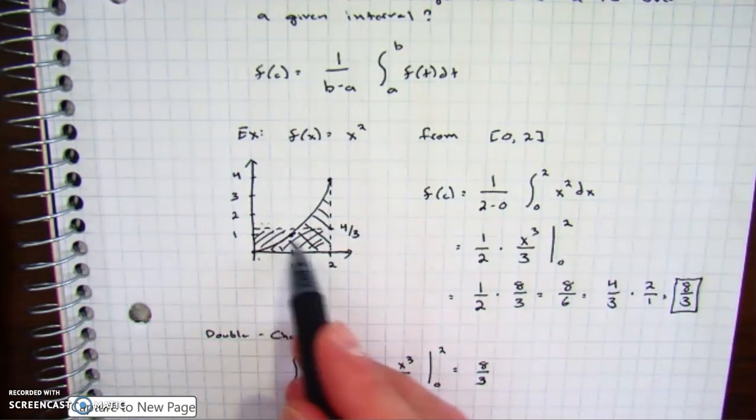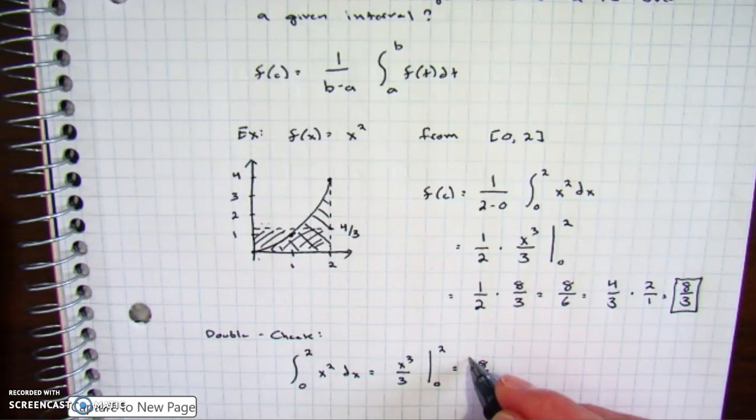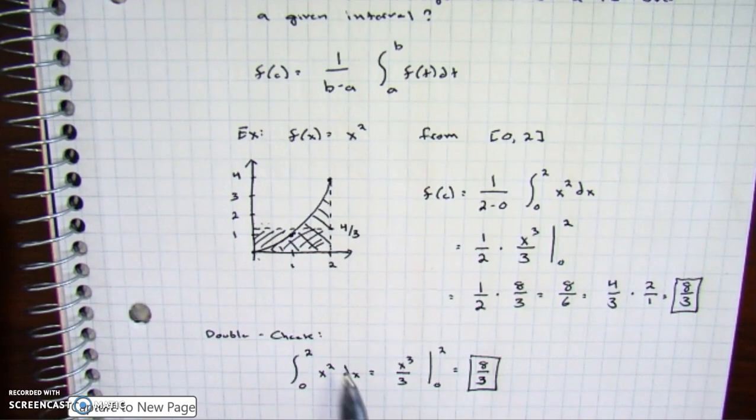The area of this rectangle is 4/3 times 2, which is 8/3, and the total area underneath the curve is also 8/3.